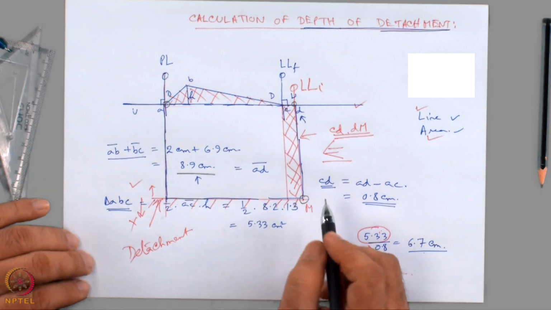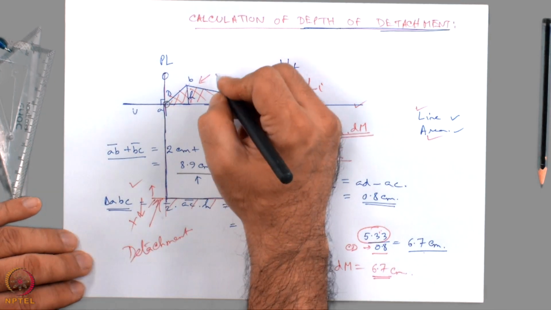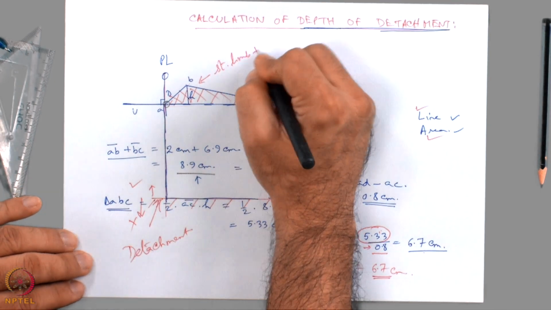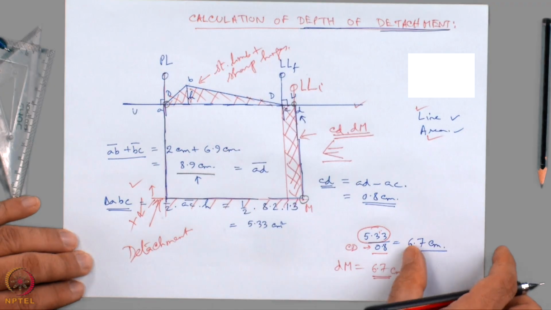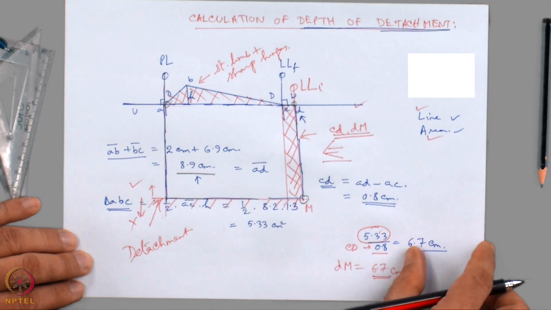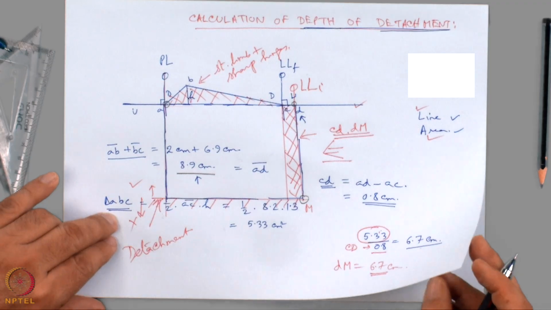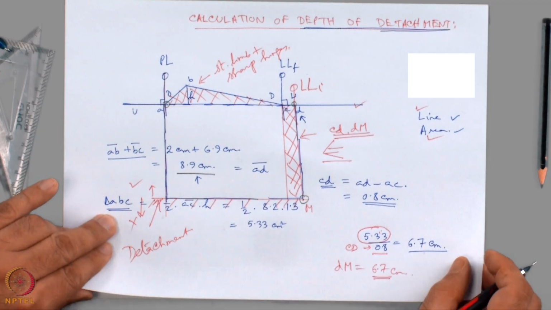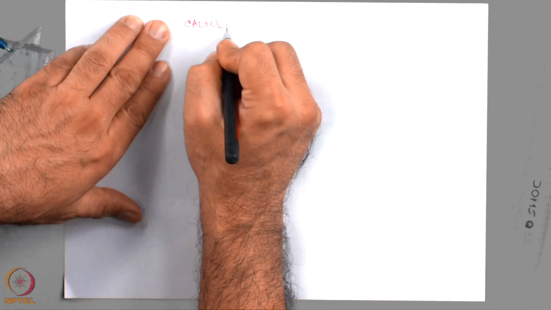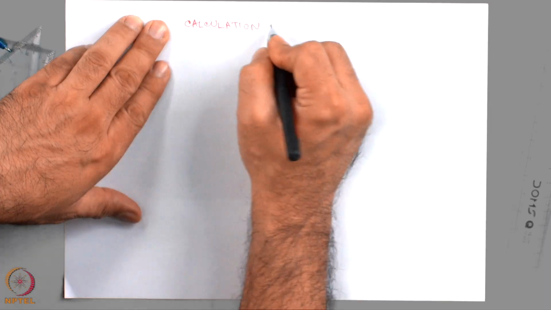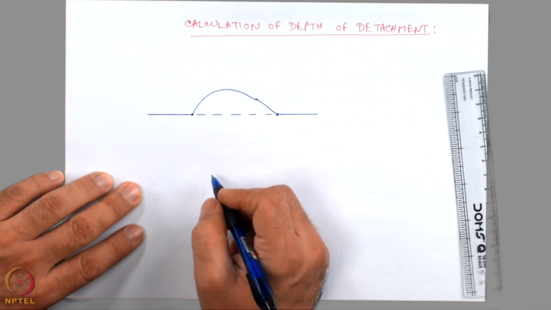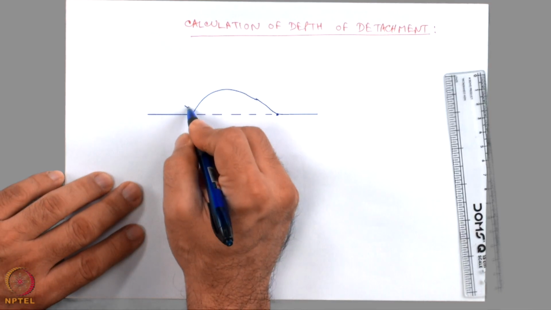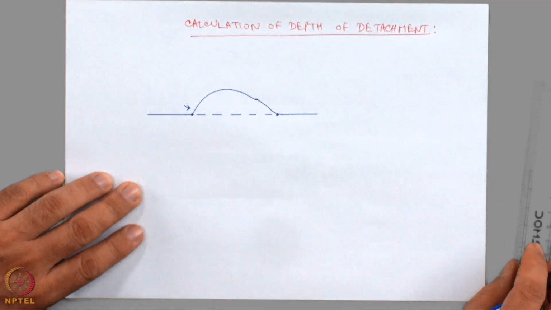Now, what I have shown in terms of a kink fold, a fold with straight limbs and sharp hinges, can also be worked out if the fold has a round hinge, and need not be a circular one. Let us do that. Say this is the cross section of a folded layer, and this time the fold is of round hinge.